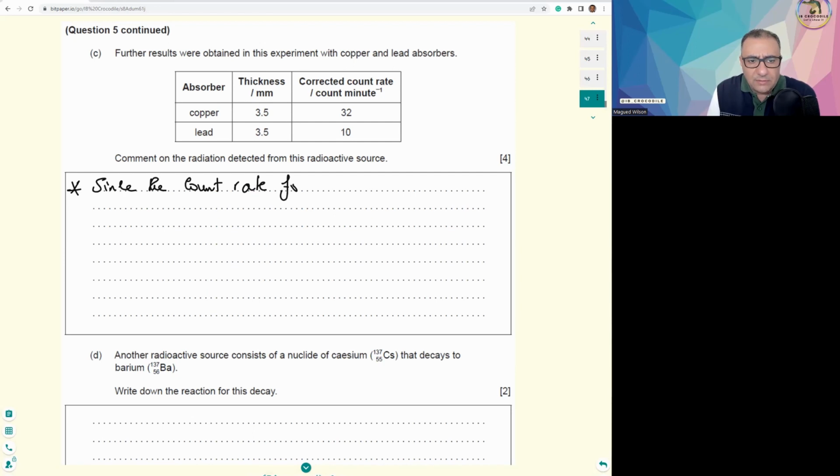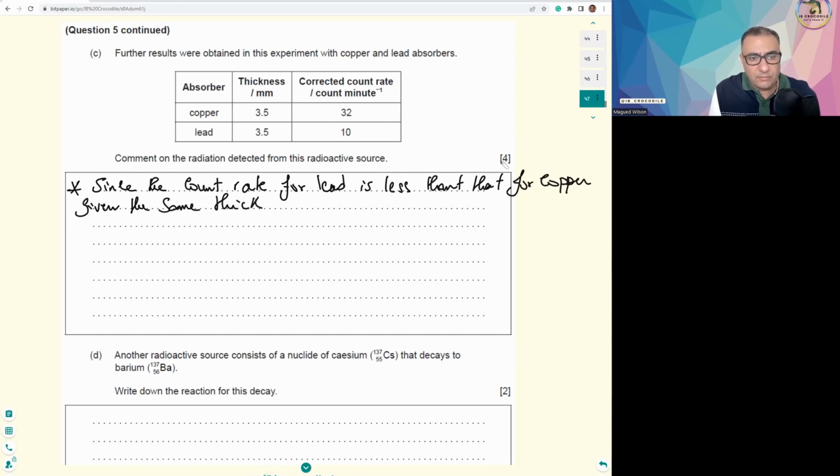for lead is less than that for copper, given the same thickness, so that means the lead is a better absorber than copper.